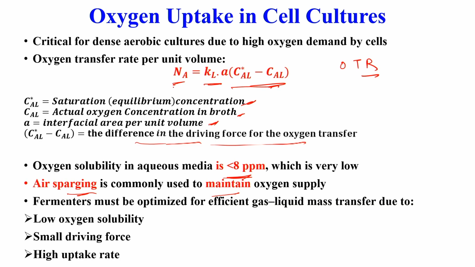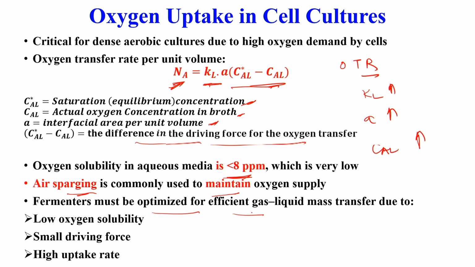Now, if you want to increase the oxygen transfer rate, if you just see this expression, you can increase the KL, you can increase the A, or you can increase the CAL star to increase the value of OTR, right. So, what is the objective here?